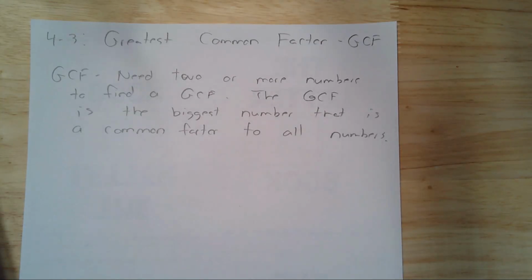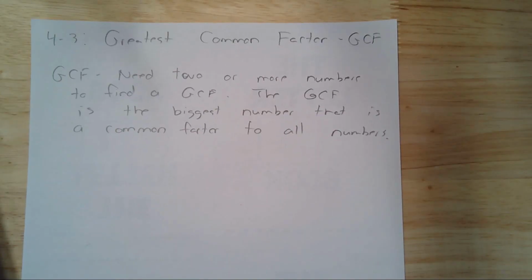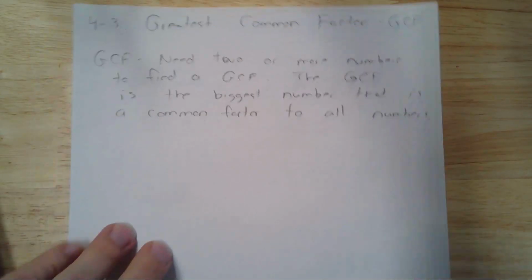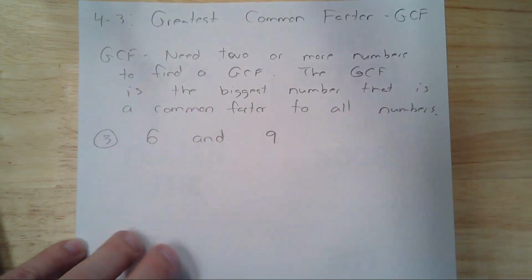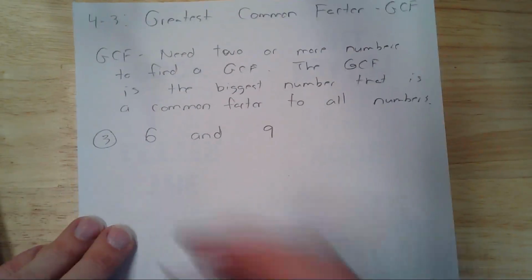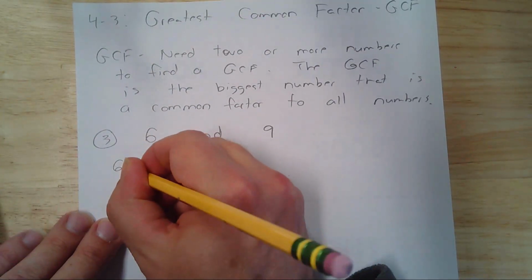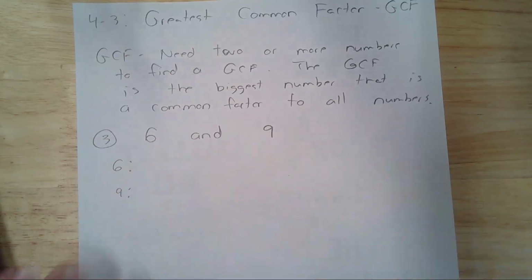Okay? So looking at page 139, it says list the factors of each number, then circle the common factors for each pair of numbers. Number 3 says 6 and 9. So what I'm going to do is just rewrite them this way, 6 and 9. The first thing it says to do, list the factors of each number.